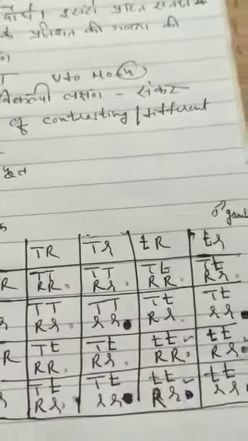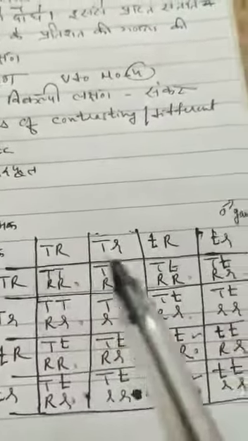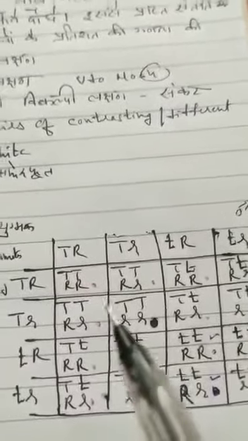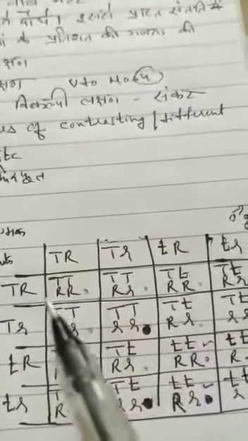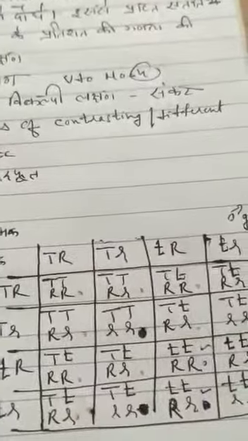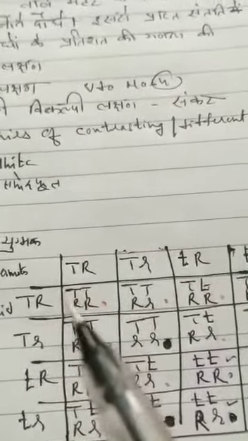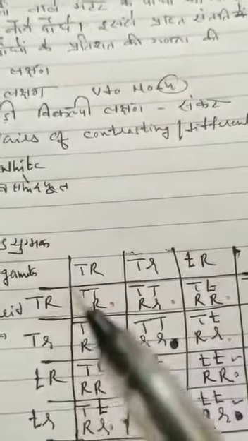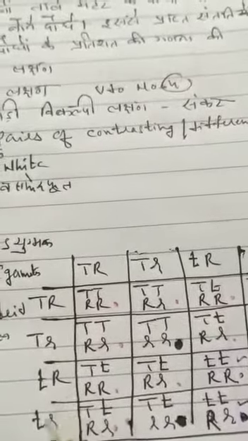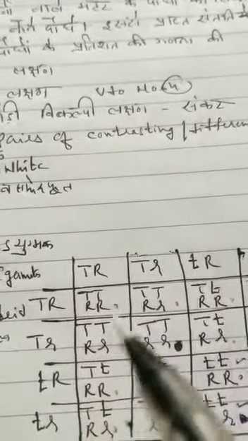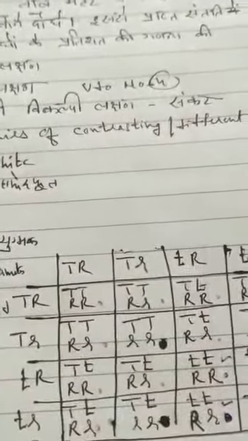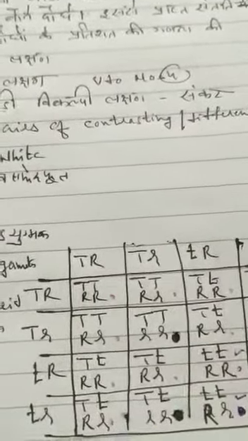And small t, small r, whenever they fuse together, as happens in the last block, the plant will be dwarf and white. In this way, you have to form this checkerboard, draw the vertical and horizontal lines, write down the combinations TR, Tr, tR, tr on the vertical as well as on the horizontal axis, and simply join them together.